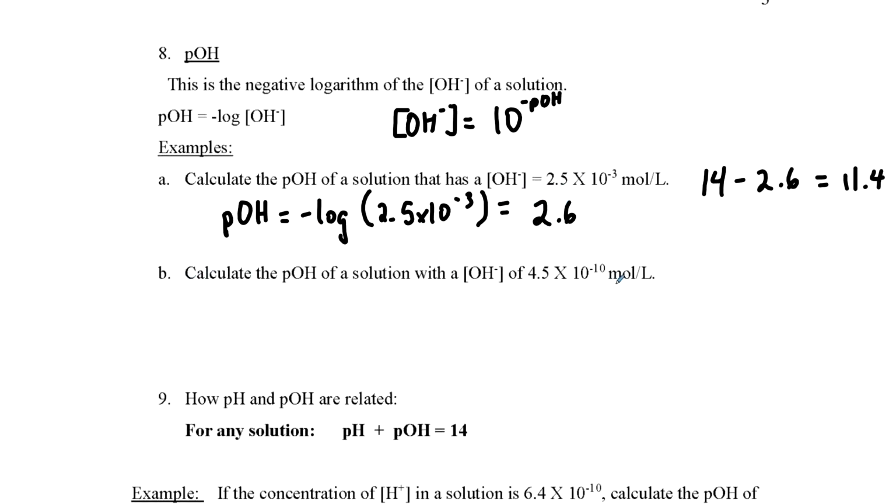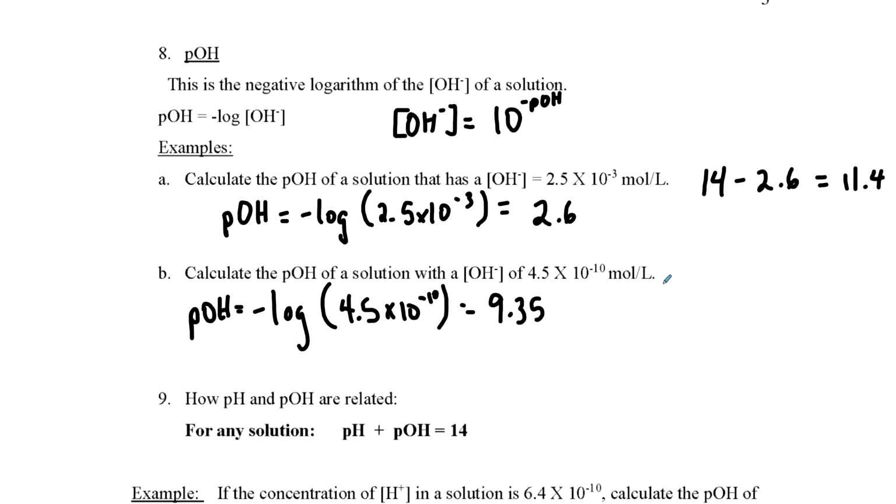So let's just take a look. Calculate the pOH of a solution with a hydroxide ion concentration of 4.5 times 10 to the negative 10. So we'll take the negative log and we'll plug in 4.5 times 10 to the negative 10. And that equals 9.35.